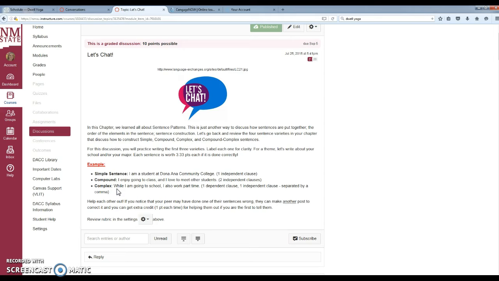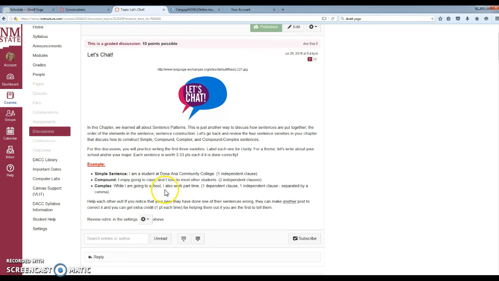So in this sentence, while I am going to school, it's not a complete thought. Therefore, that makes it a dependent clause. It's dependent on the second part of the sentence to understand what it's talking about. Notice it does have a subject and it does have the verb.